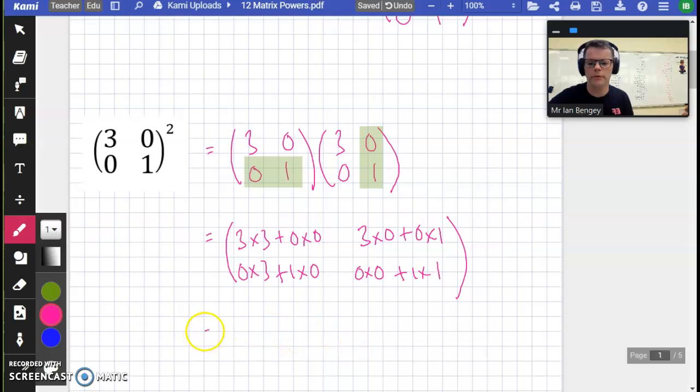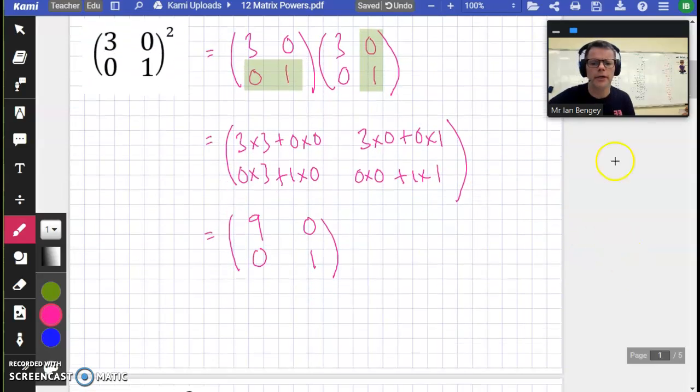And what do we end up with? Let's have a look. Intuitively, you may have made this step already. 3 times 3 plus 0 times 0 is 9. 3 times 0 is 0, plus 0 times 1, that's 0. 0 times 3 plus 1 times 0, 0. And we get a 1. And intuitively, you may have made that step already. But yeah, 9, 0, 0, 1. So this diagonal matrix squared gives us that result.